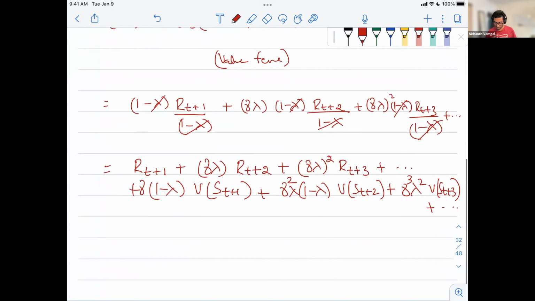Now I'll try to rewrite these lambda returns in terms of TD errors, because what I have is reward, I have value of the next state, and with a bit of simplification, I can write these terms as deltas, where delta is the TD error.